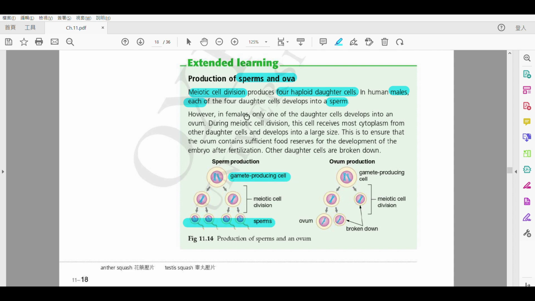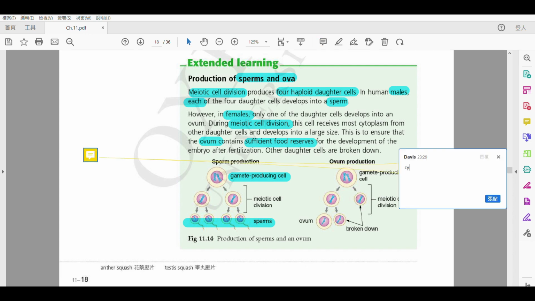Alright, but then for females it's different. Okay, so this is when you study in university you will learn more if you study biology. 得唔得？咁其實發生咩事咧？During meiotic cell division, in order to make sure that the ovum has 呢個 sufficient food reserve，得唔得？So where is the food reserve stored?